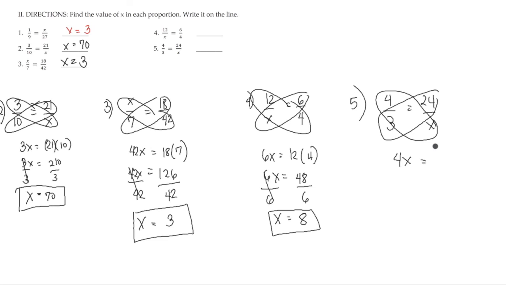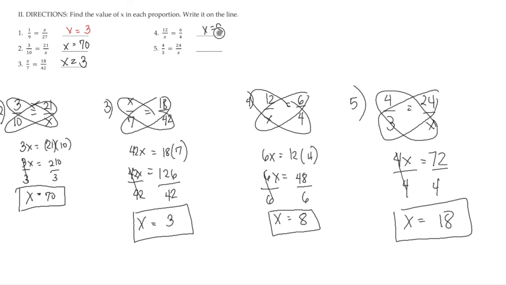Very good. So, this is 72, right? Again, we're going to divide both sides by 4. So, we have 18 as the value of x. So, here we have 8 and here we have 18. Okay. Do you have any questions?